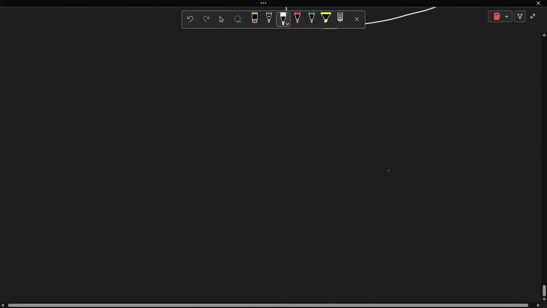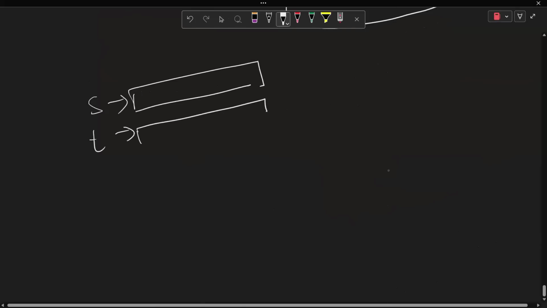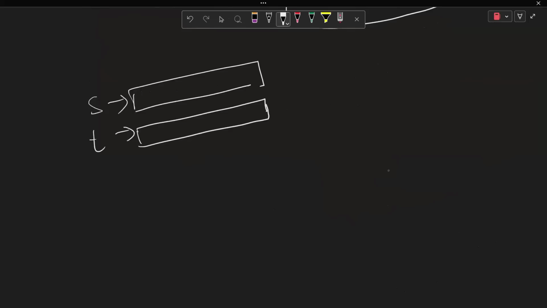Now, let's try to think how we can compute the answer. In this problem, if we are just given a string, let's say you are given S, you are given T. Let's say you had just one query that computes your answer for the whole string S and the whole string T. Take this as A, take this as B, and compute your answer. What would you do in that case?